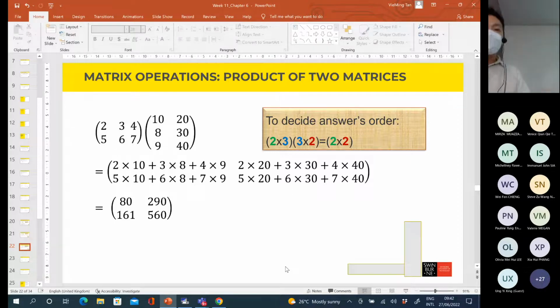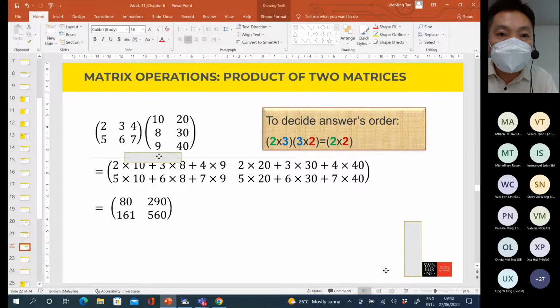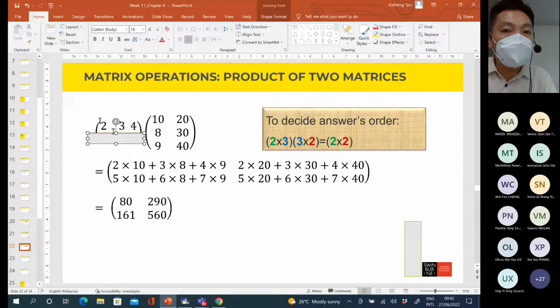So let us try to perform now. In order to get the answer for the location of first row and first column, which is this number 80, how to get the answer? We need to use the elements in the first row only of the front matrix, multiply with the elements in the first column of the second matrix.